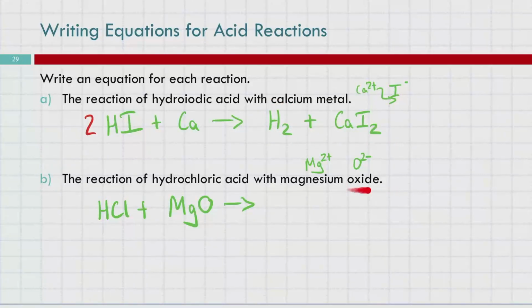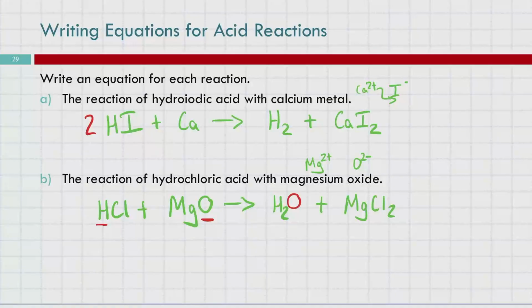When we're doing an oxide, it's the same idea for the products, but we've added oxygen to the H2. So our H and our O go together. We've got H2O, water. And then the other things add together, and so we'll end up with MgCl2, again because magnesium is a 2+, and chlorine forms a 1- chloride.